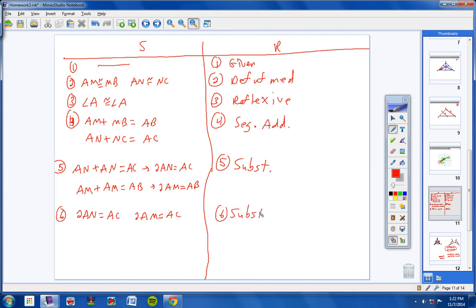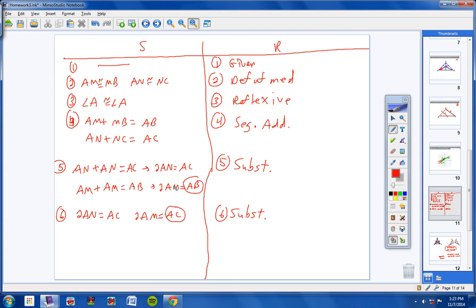Okay, now watch where the substitution is. Look right here. I have this, and I have this. Now look what I did. I left this alone. This is right here. I left it alone. However, for this, I put this.